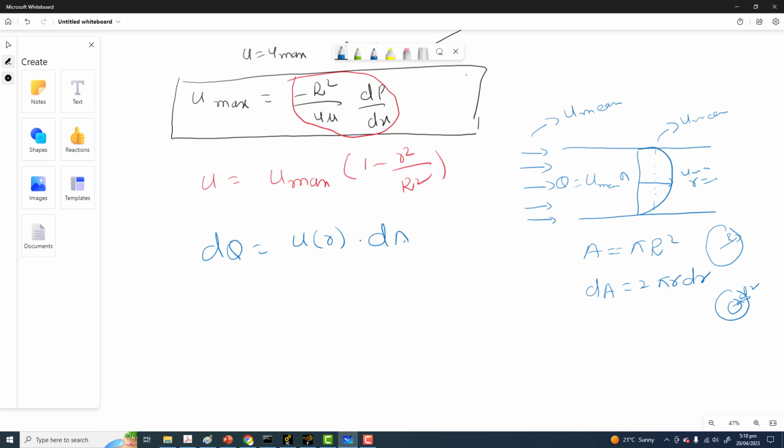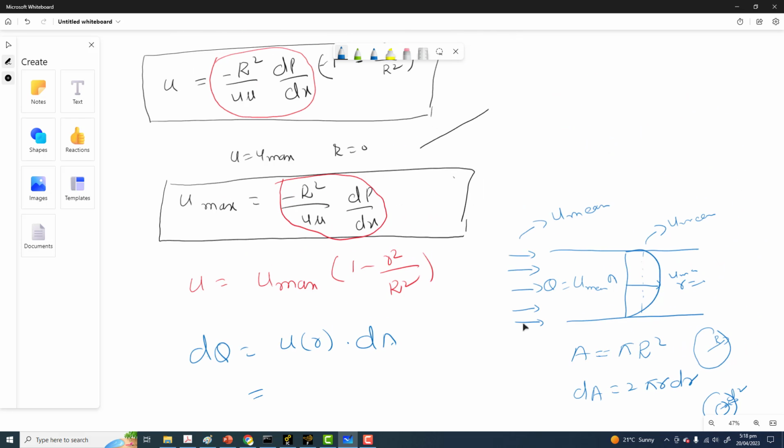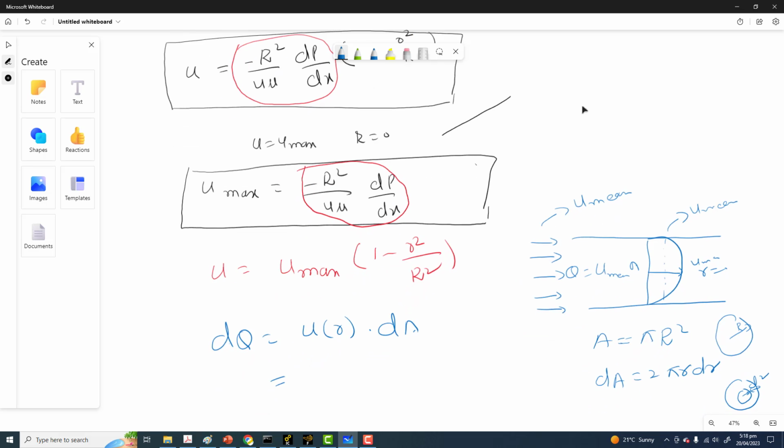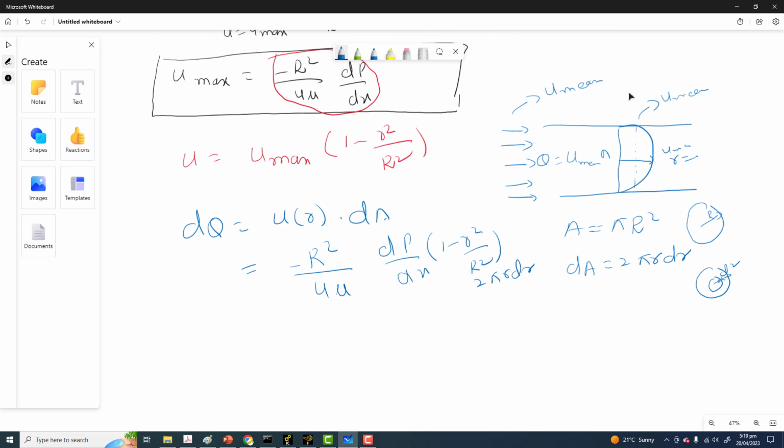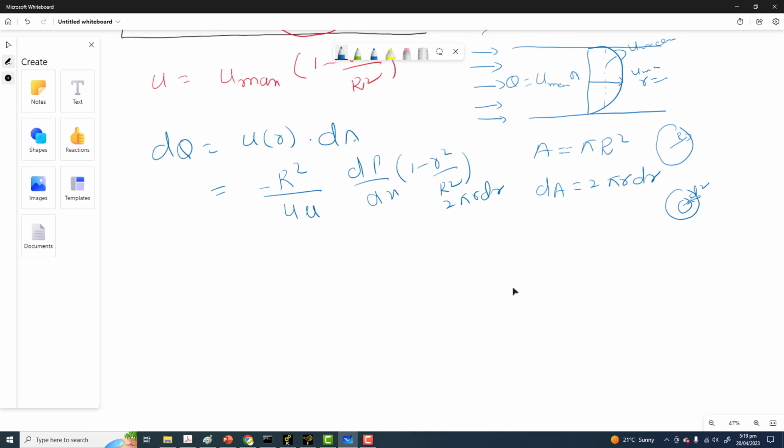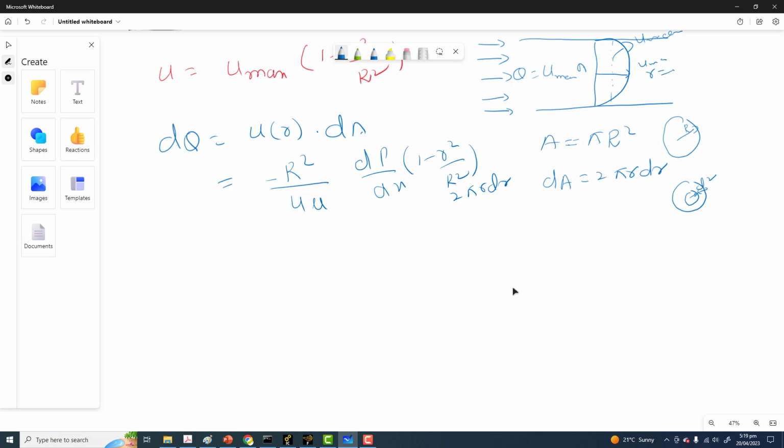So u(r) will be equal to, the same as we have shown, minus r square upon 4 mu dP by dx, 1 minus r square upon r square, and dA is 2 pi r dr. This is only for the one single ring that is shown here.